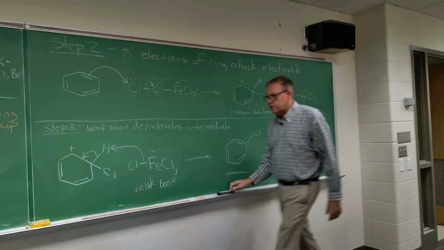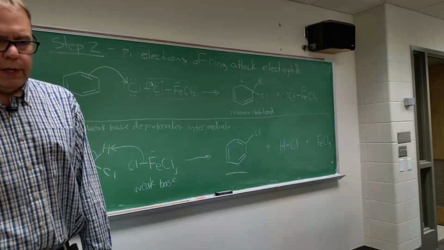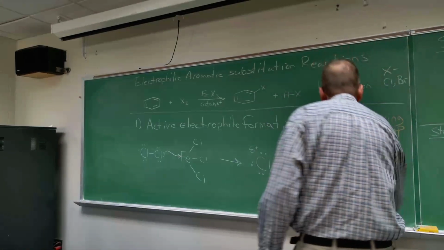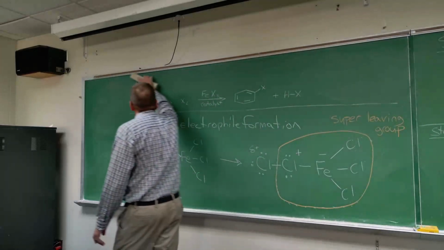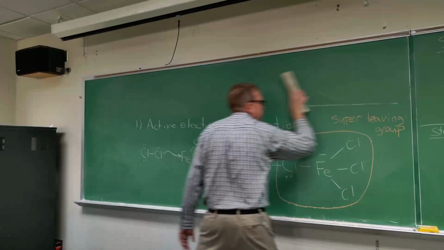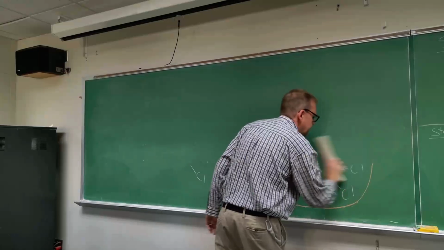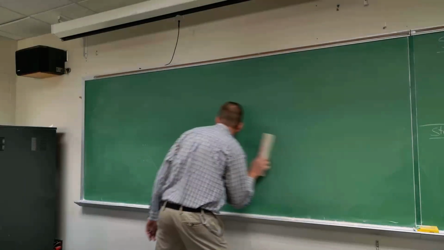So nitration is number 2 in the list that I put up on the board. Nitration involves putting a nitro group on the ring. So I will follow the same format over here for explaining this mechanism. I'll start by reminding you what the overall reaction is all about.